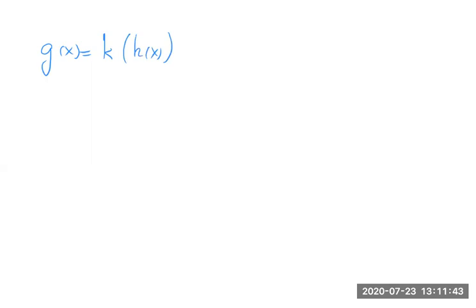Whenever we are in this situation, we have a formula for the derivative of g. The derivative of g is equal to k prime of h of x times h prime of x.